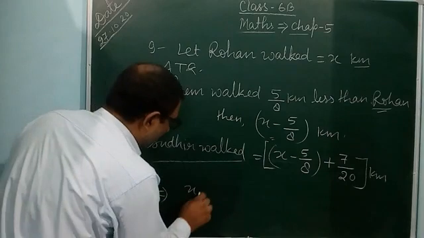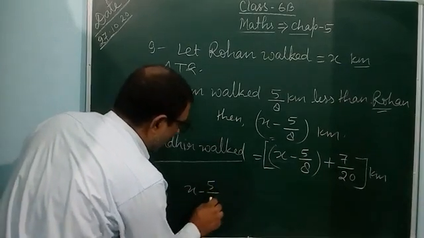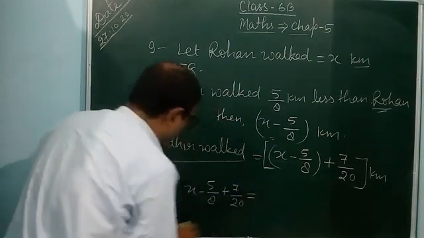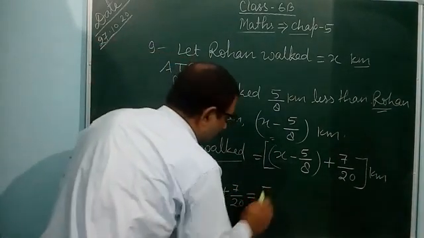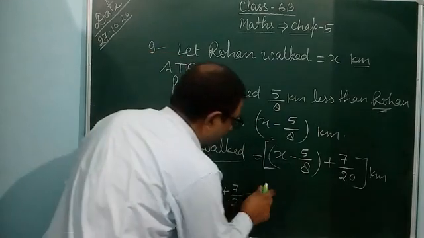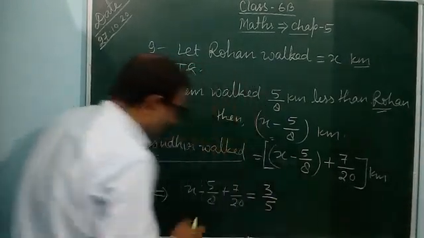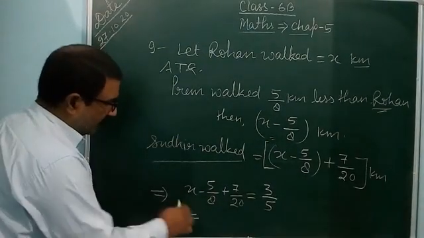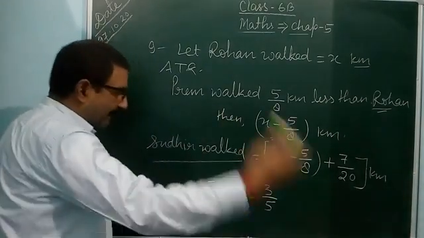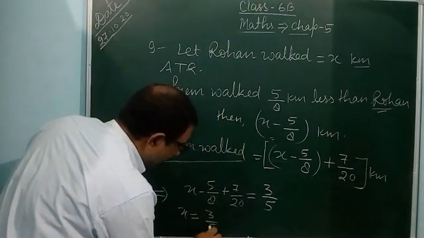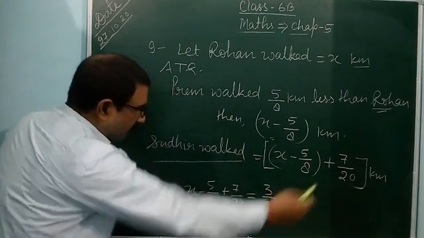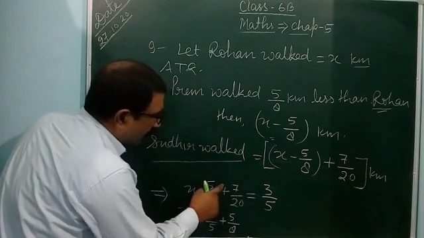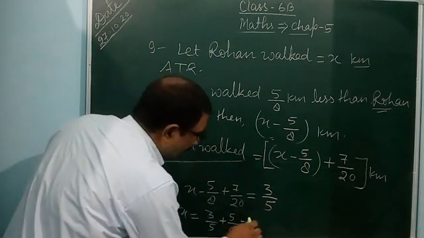So you can see x minus 5/8 plus 7/20 is equal to 3/5. You solve this. x is equal to 3/5, already on the right side. This minus 5/8 goes to the right side, it will be plus 5/8. And this plus 7/20 goes to the right side, it will be minus 7/20.